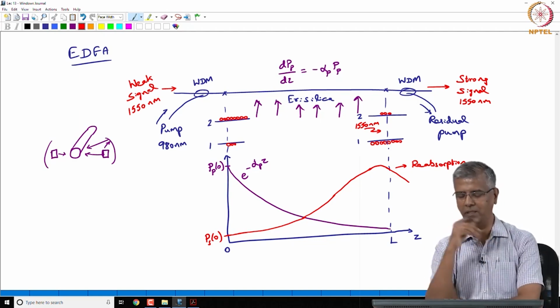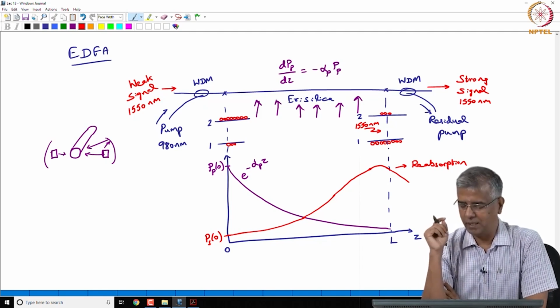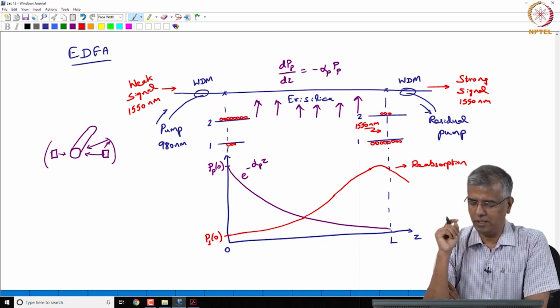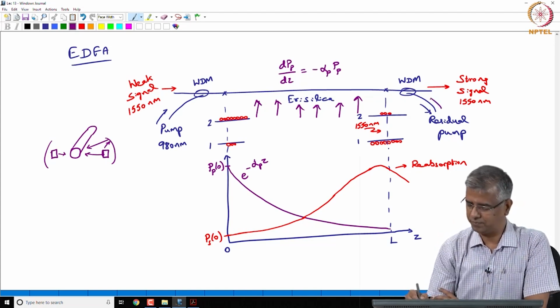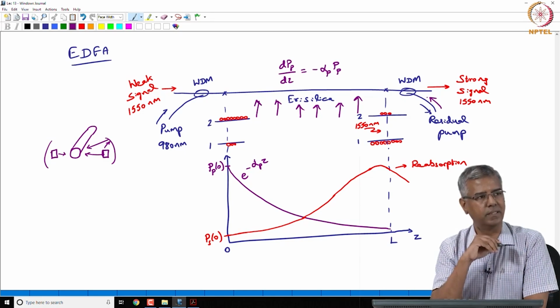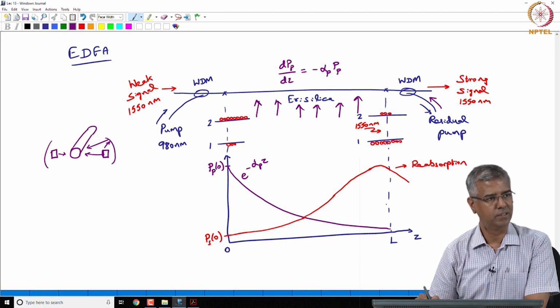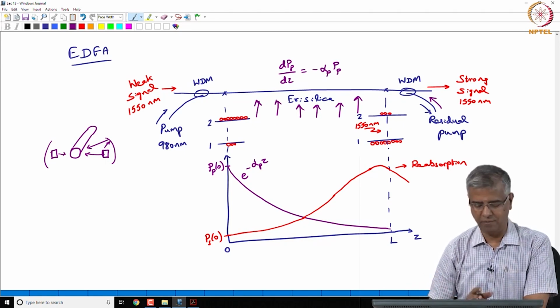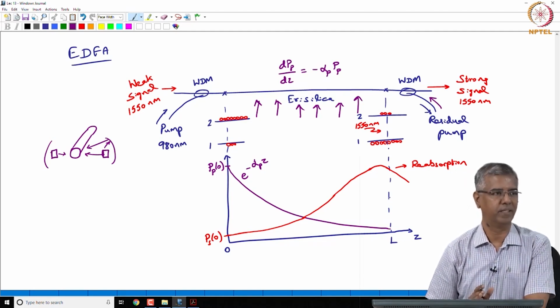But the other point about counter directional pumping, let's examine that. If I am launching my pump from this direction, right, then I have very high inversion at the later part of the fiber, and I have very low inversion at the front part of the fiber.